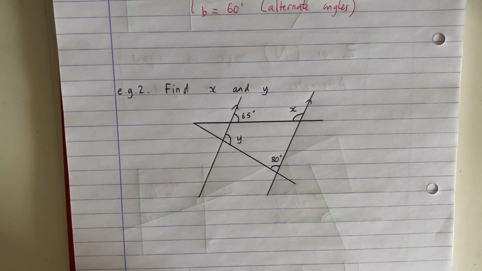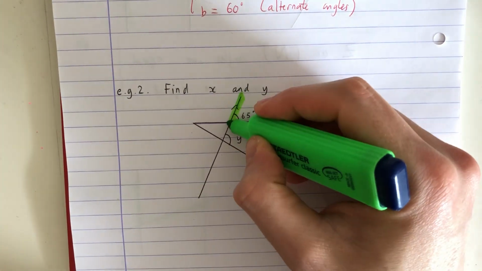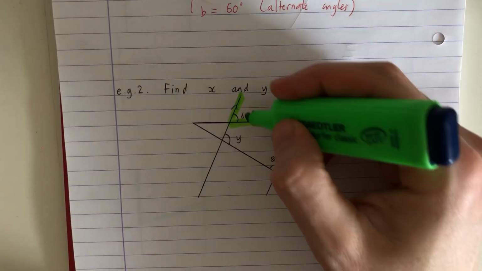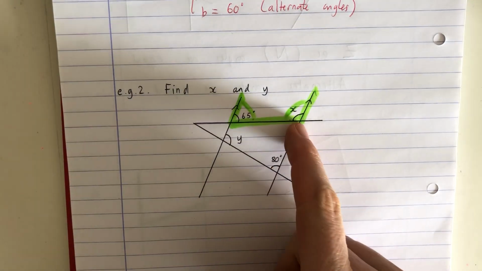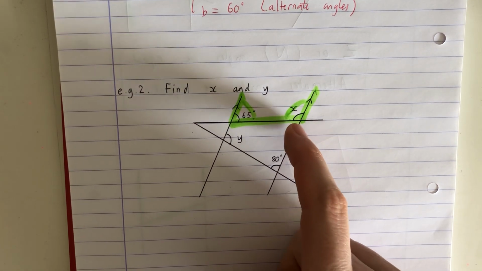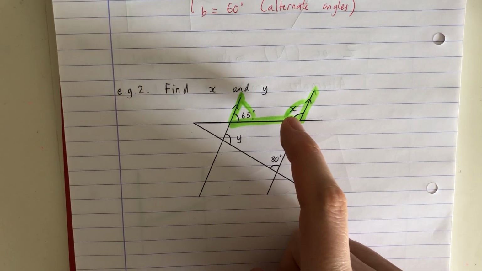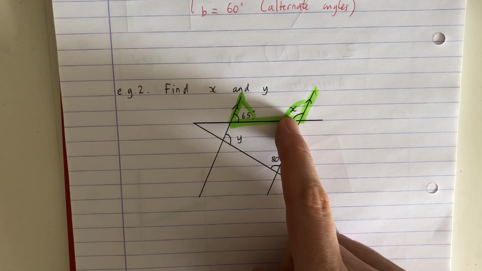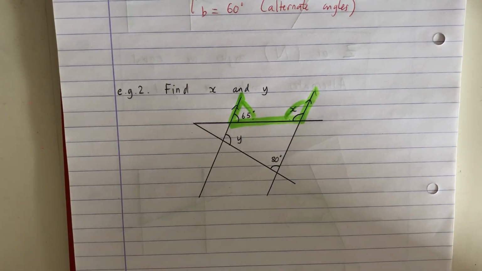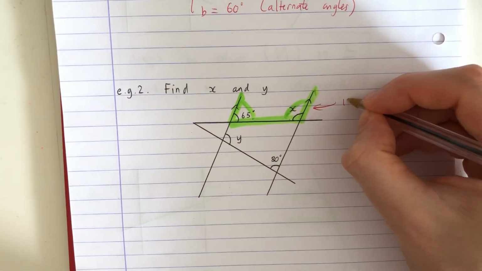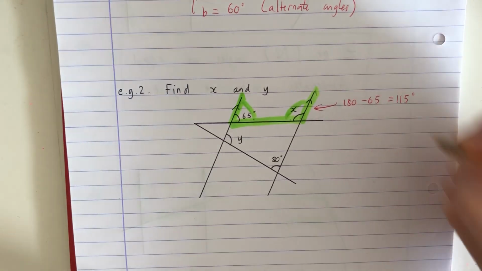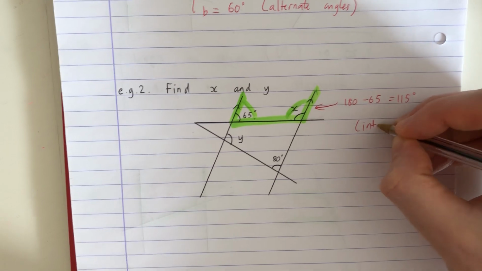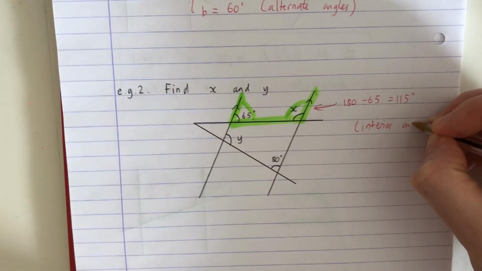So to me, that is a U angle. Now, these two angles are not equal to each other, but they always add up to 180. So how could you work out what X is? Well, it would be 180 subtract 65, which is 115 degrees. And that's called interior angles.